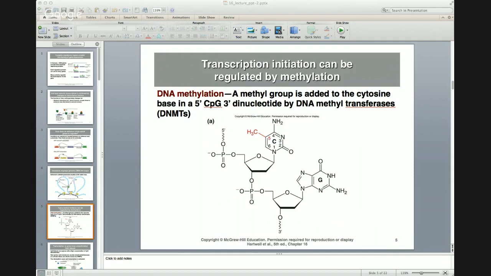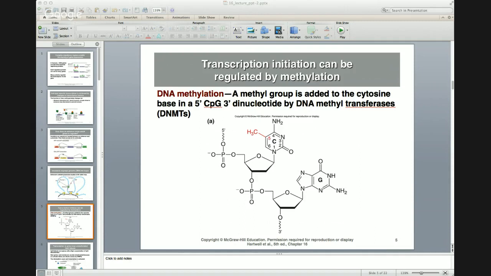CpG islands are regions where you have a high concentration of CpG dinucleotides. In genes that are transcriptionally active, these CpG islands are unmethylated because the activators are able to bind and block access of the DNA methylases.